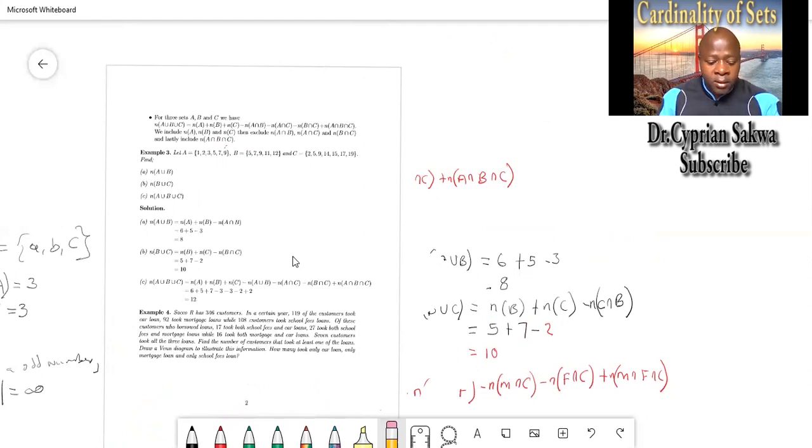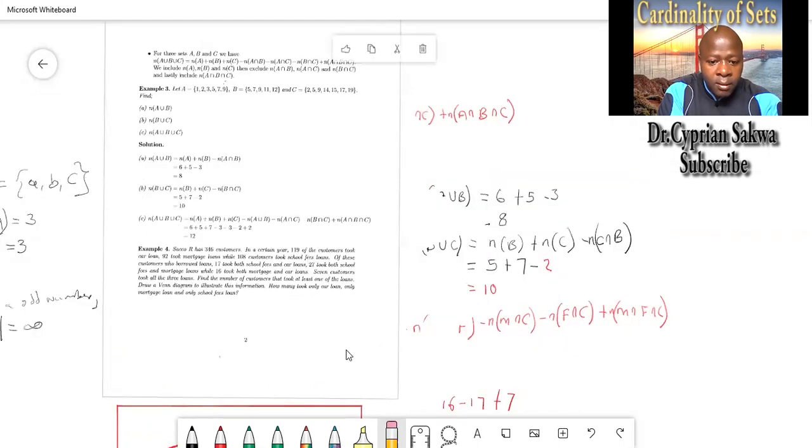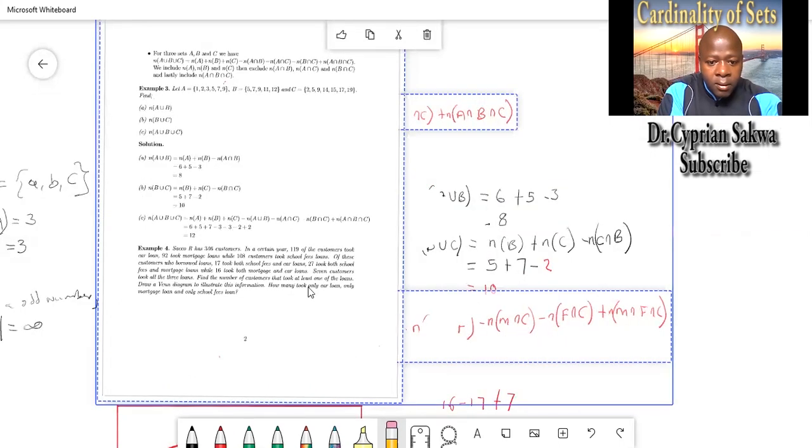Let me see if it can be enlarged. Still, it cannot.